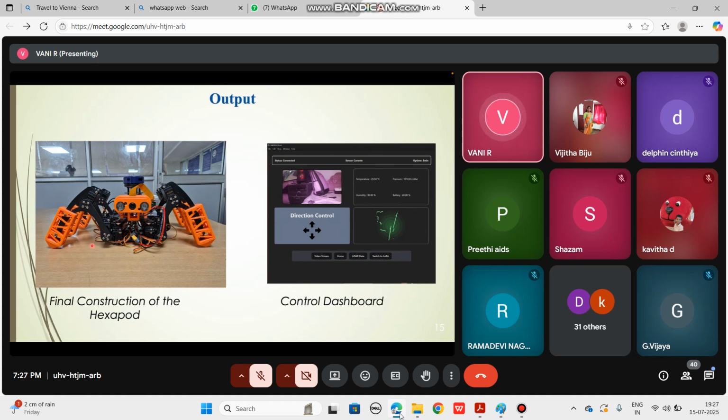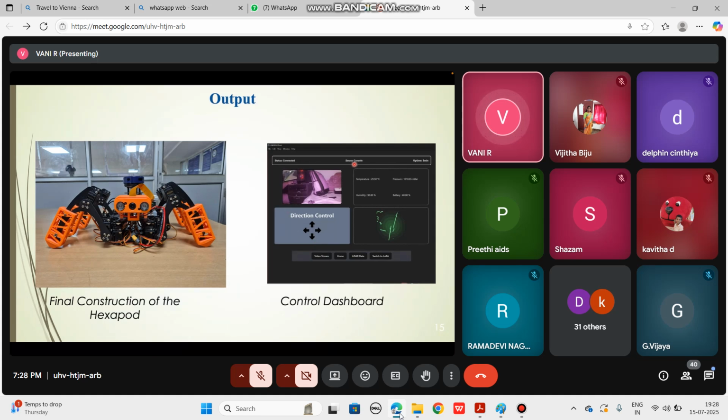So all this have been constructed as a project, and as I mentioned, this will be controlled by the electron client server, through which we will be able to monitor the movement of the bot as well as the direction which it has to move, as well as the sensors which are being captured when it moves, and the exact timings and at what time it has been captured. Everything could be monitored on the screen.